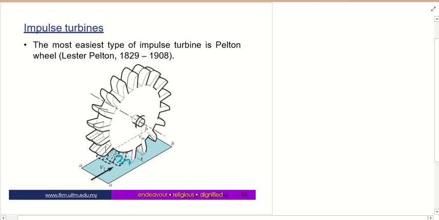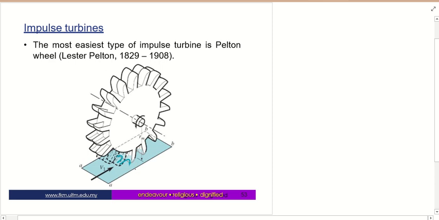As you can see from this view from above, there is deflection of velocity. We can define the relative velocity, which is W, and the absolute velocity, which is V, and U is the rotational velocity of the rotor.